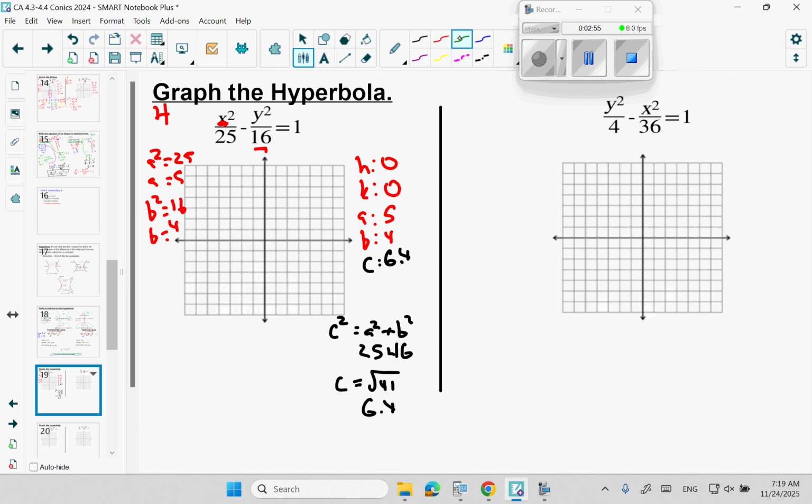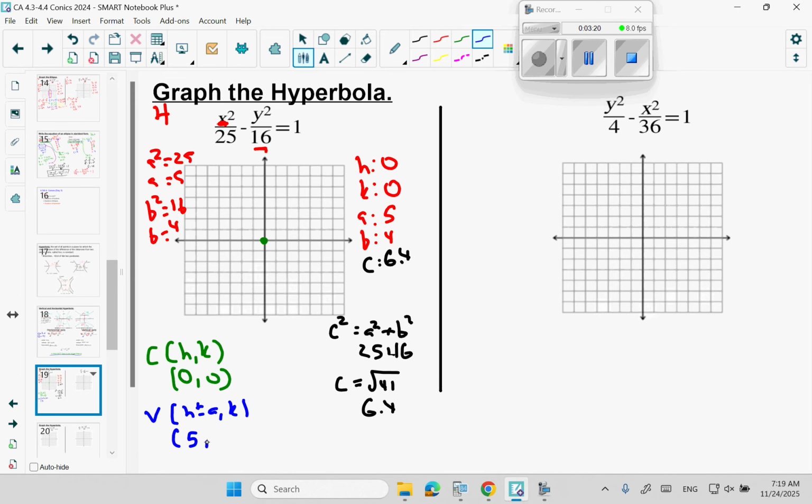Okay. So center h comma k. So that's going to be 0, 0. We get our vertices. So for horizontal, that's going to be h plus and minus a comma k. 0 plus 5, 0 minus 5.